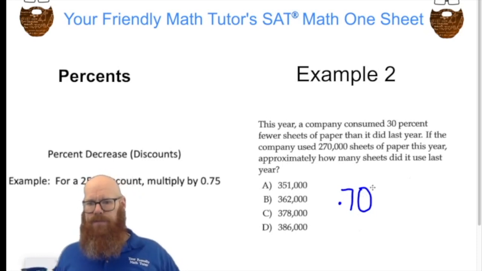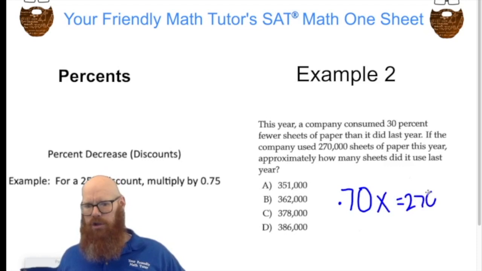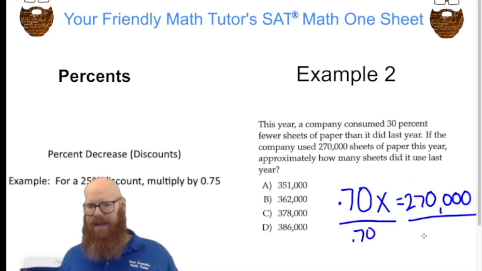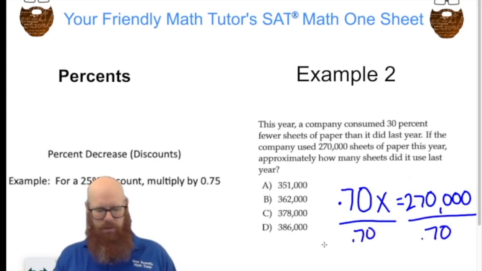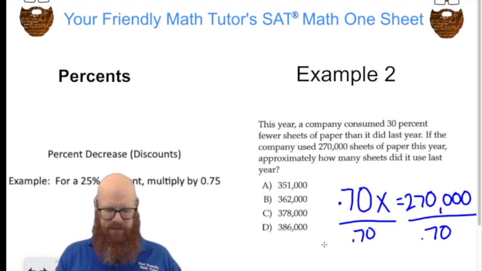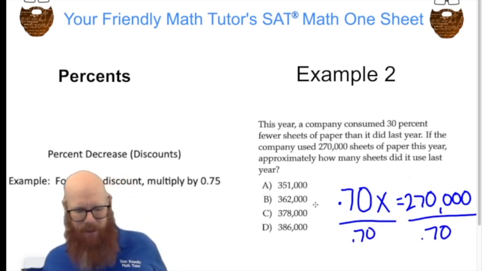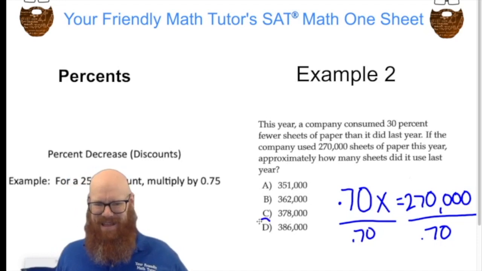We kept 70% of what we did last year, which we don't know in this problem. So that's X, and that should equal 270,000. To solve this problem, we just have to divide each side by 0.70. So we're taking 270,000 divided by 0.7, and that is about 386,000.